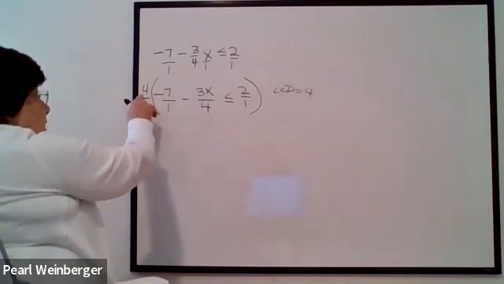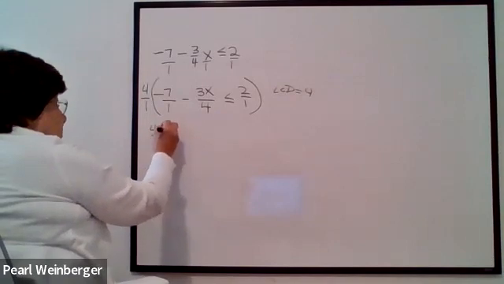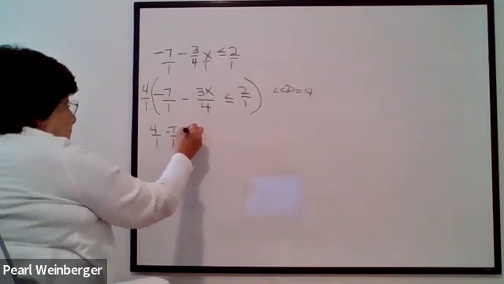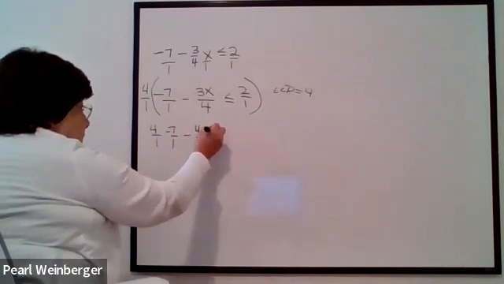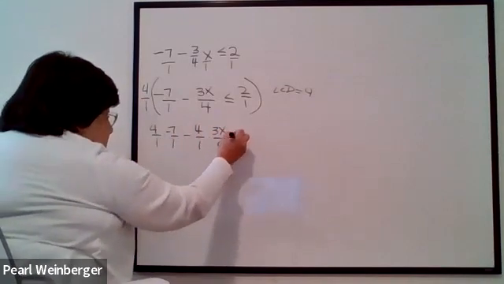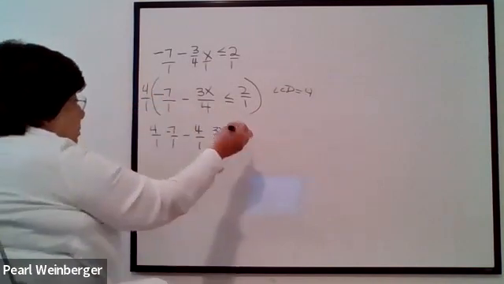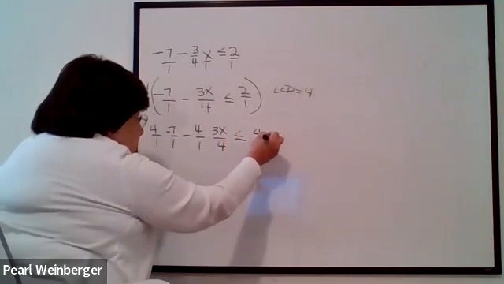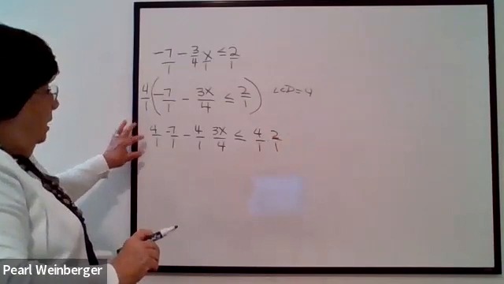So I'm going to have 4/1 times -7/1 minus 4/1 times 3x over 4, less than or equal to, and we keep it the same because this is a positive number we're multiplying by, 4/1 times 2/1.